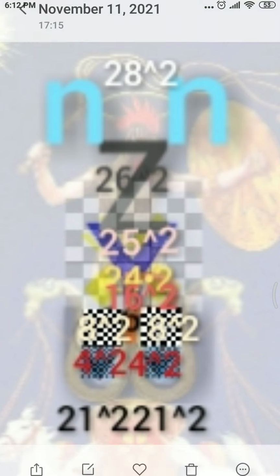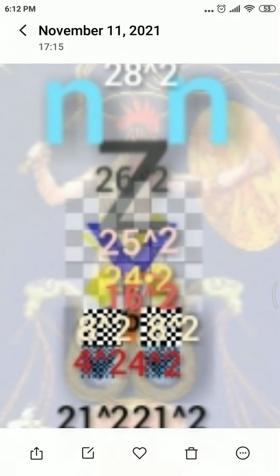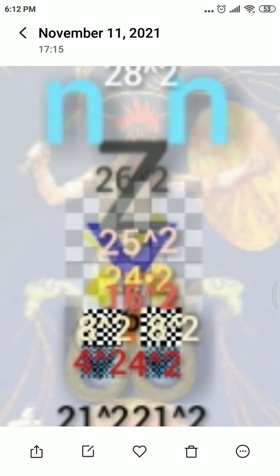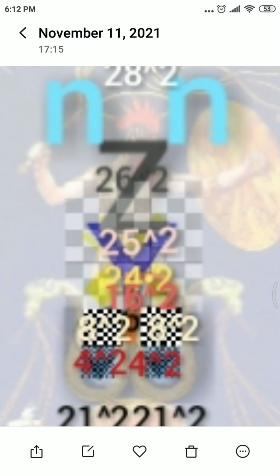So there is a chessboard here which has 8 white squares and 8 black squares, right? So 8 into 8, that is 64. The 8 black squares are the earth, the material world. The 8 white squares are nothing but the sun.